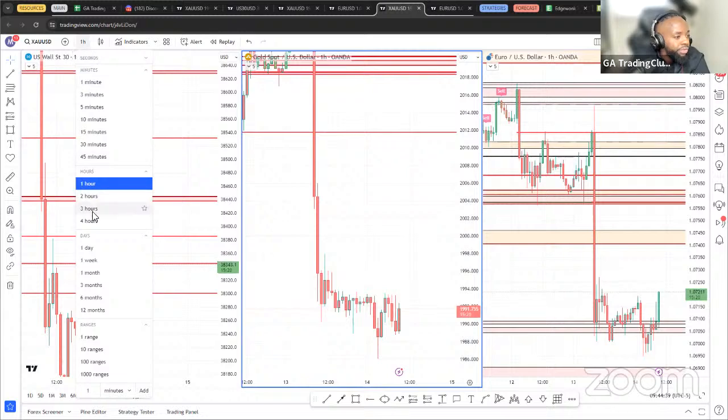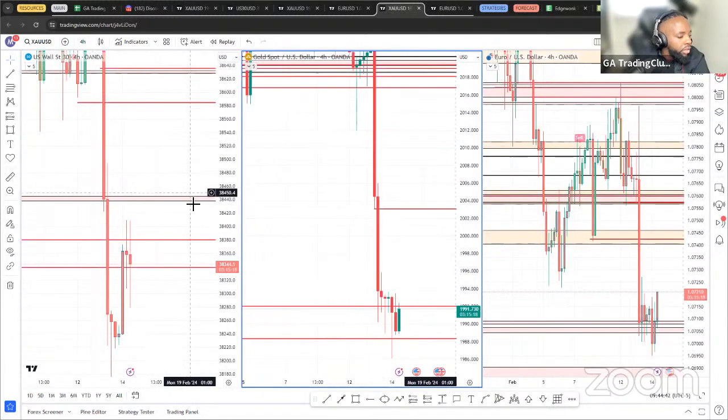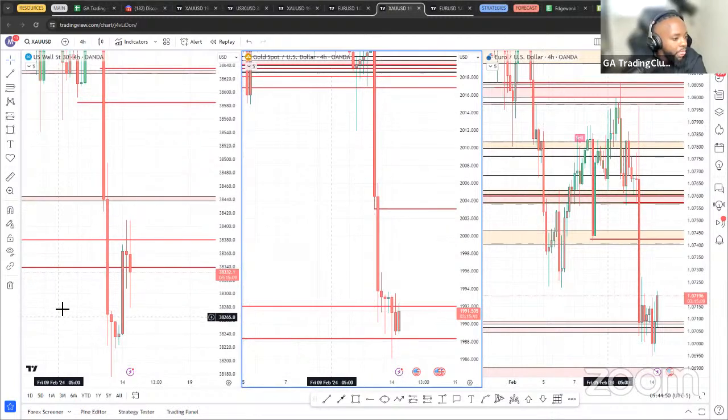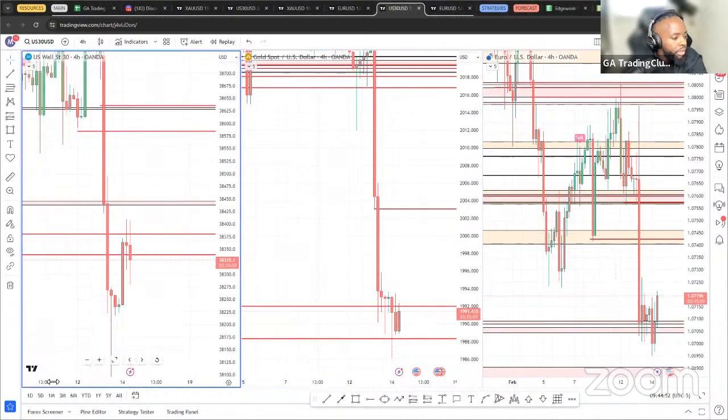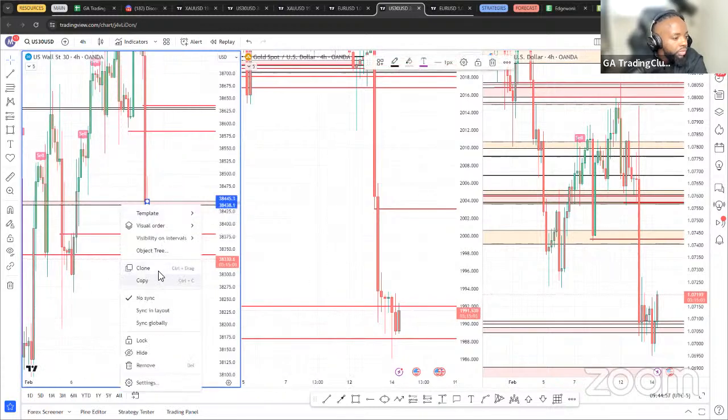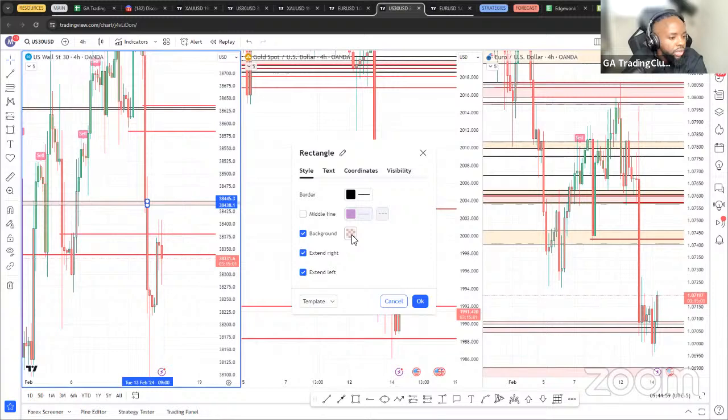And then we go to the 4-hour time frame. On the 4-hour time frame, we do not have, this was 1 hour. So let me change the color.